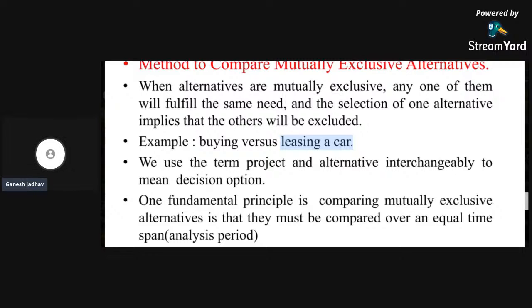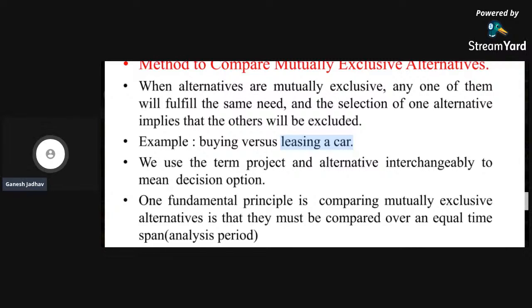One of the fundamental principles is to compare mutually exclusive alternatives. So comparison between the two options: is buying a car profitable or is leasing a car profitable to us? Which option is better to fulfill the same need, because we require a car to reach the destination.